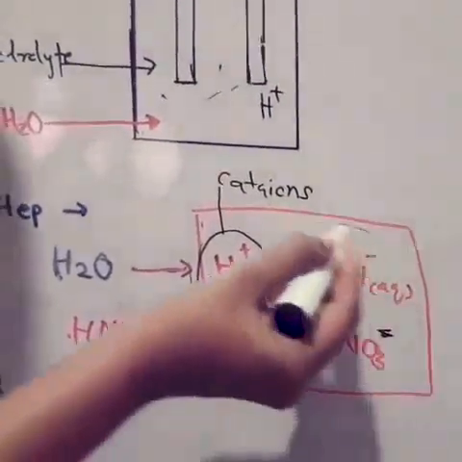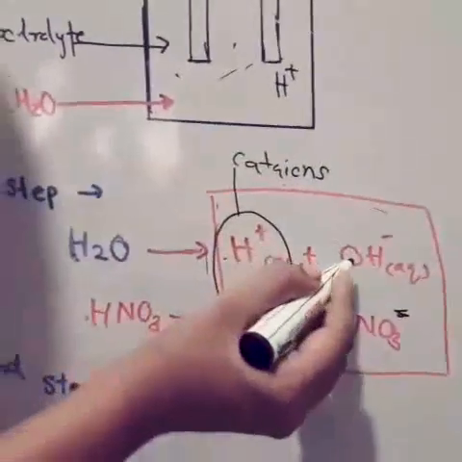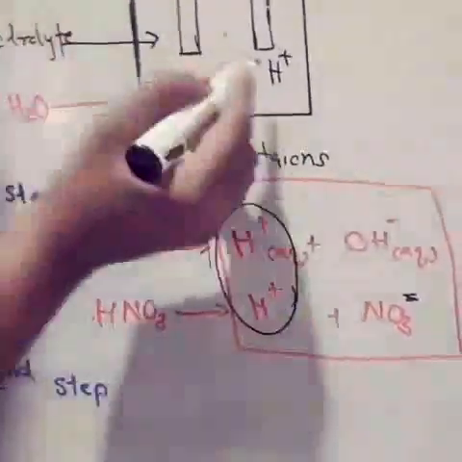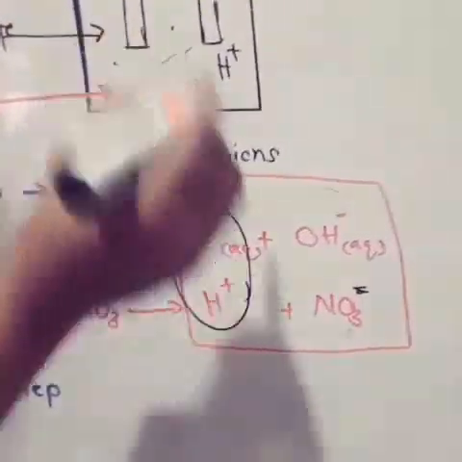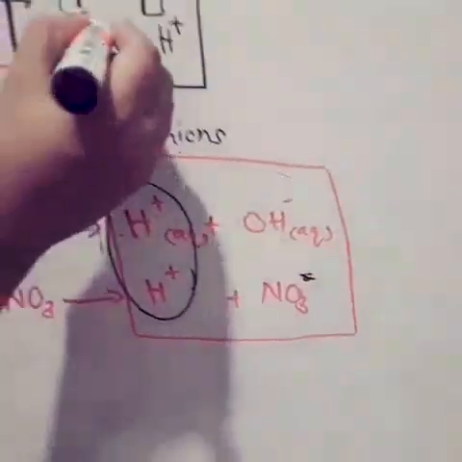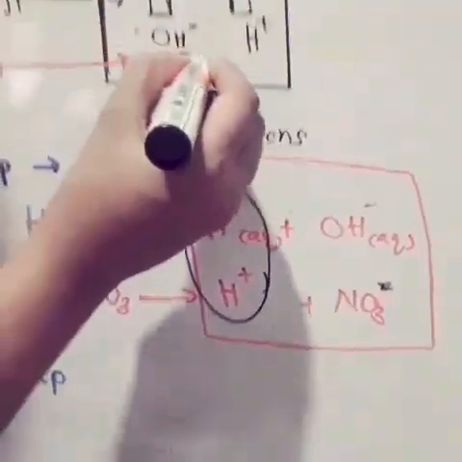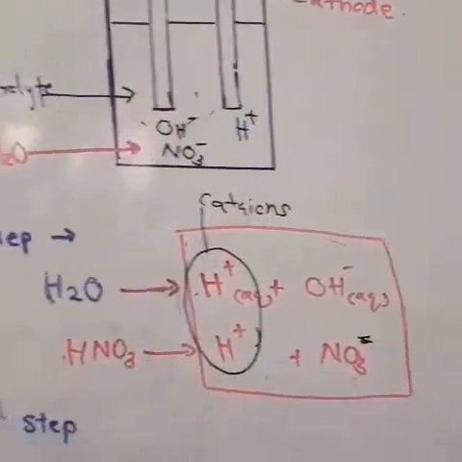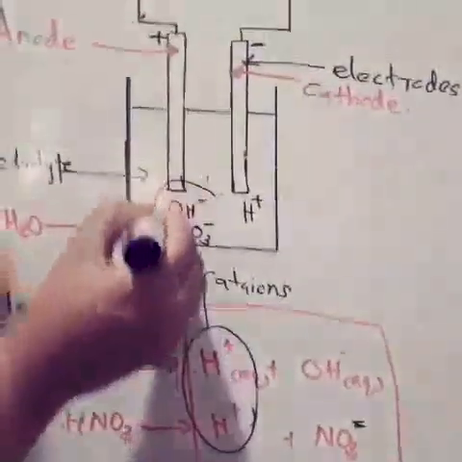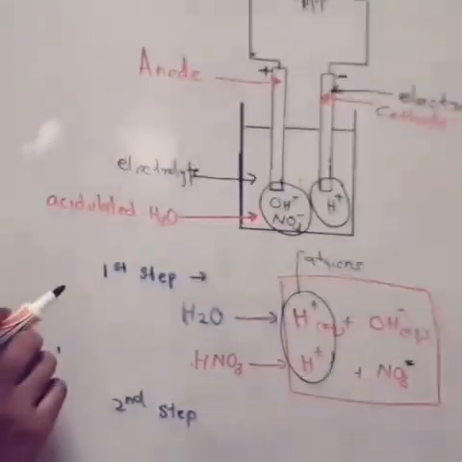And anions means negative ions. Negative ions are attracted to the positive terminal. There are two types of negative ions, OH minus and NO3 minus, nitrates. Now we have clarified the two types of ions near these terminals.